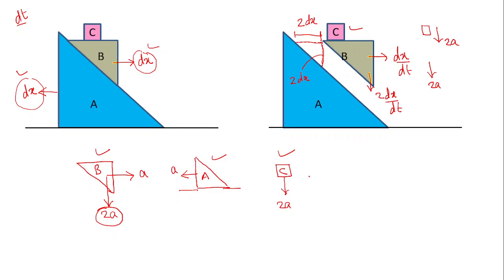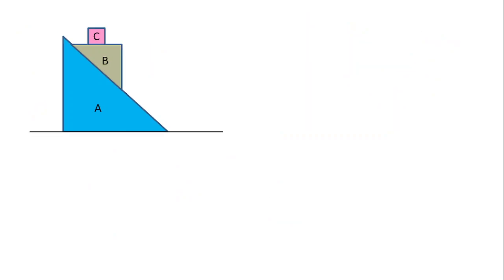Okay, and what we have to find in our answer? We have to find 2a, because the question is asking what is the acceleration of C. So, as we have got it, now let us simply write the fourth equation and very easily we will get the answer. Let us see how.